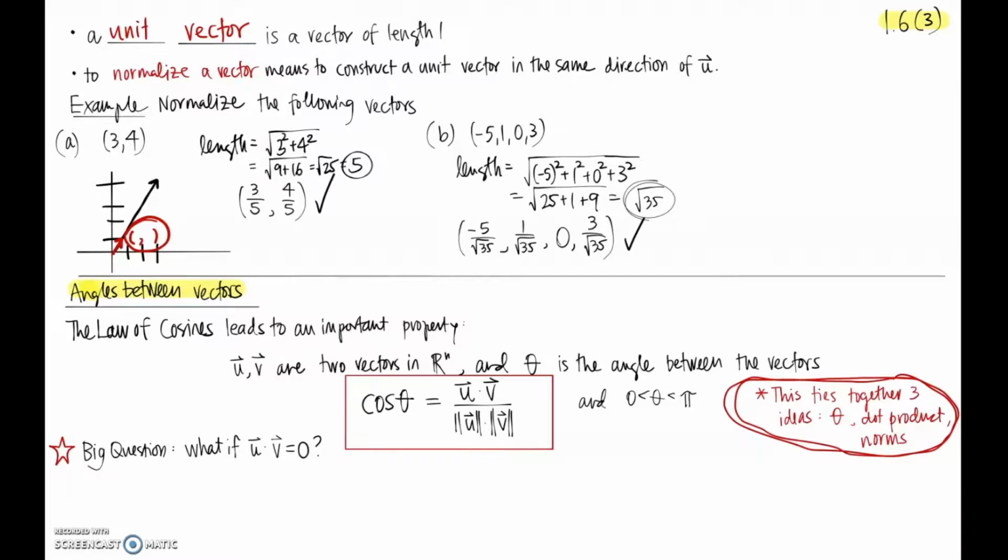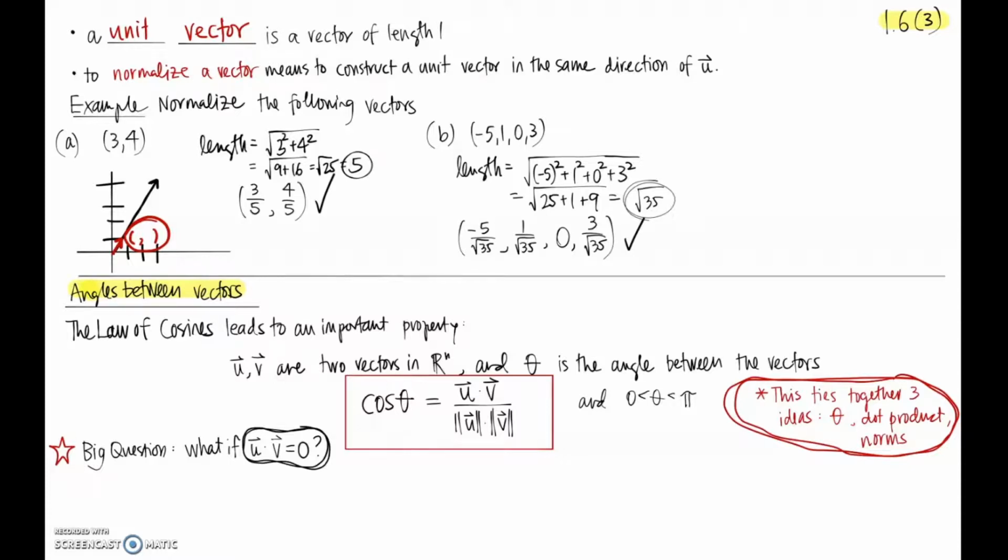Where would that lead us in this formula? If the dot product of u and v is 0, that would mean that this whole fraction has to be 0. What does it mean for the cosine of an angle to be 0?